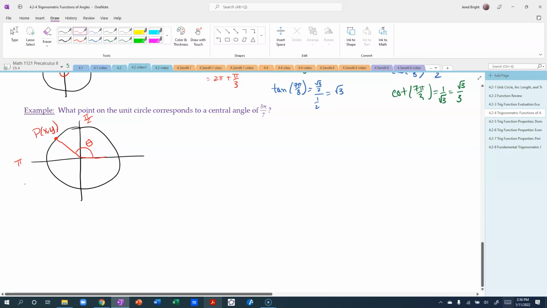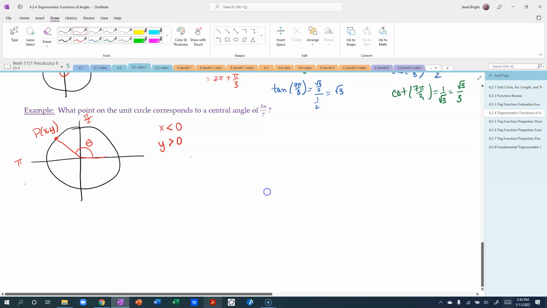Keep in mind that since it's in quadrant 2, x is going to be negative and y is going to be positive. But how do I find the x and y coordinates?